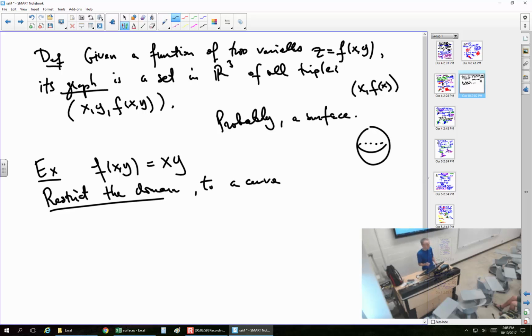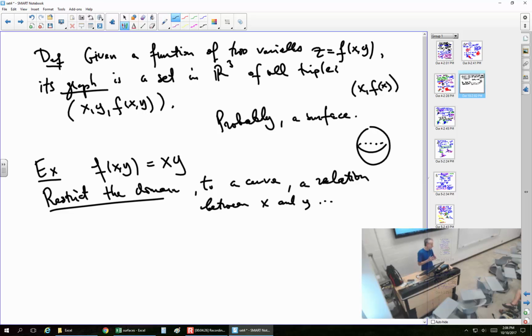A curve will be a relation between x and y, right? And as such, we are eliminating one of the variables. So y solved for x, or x solved for y. We substitute into our function, and then we're done.